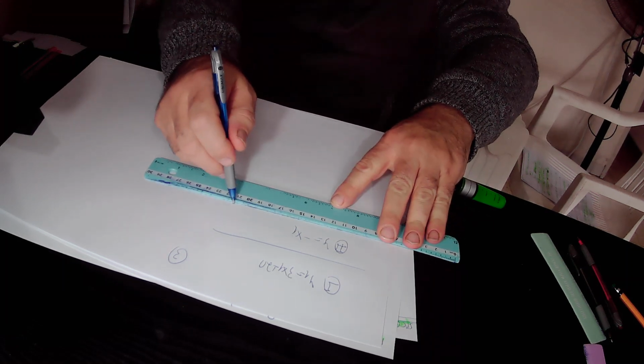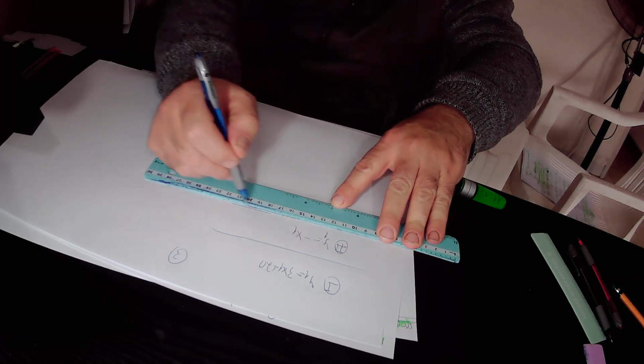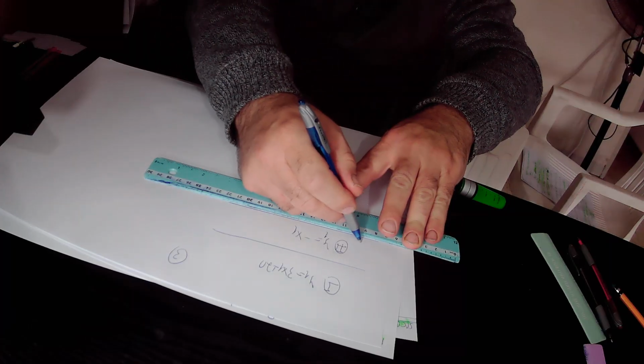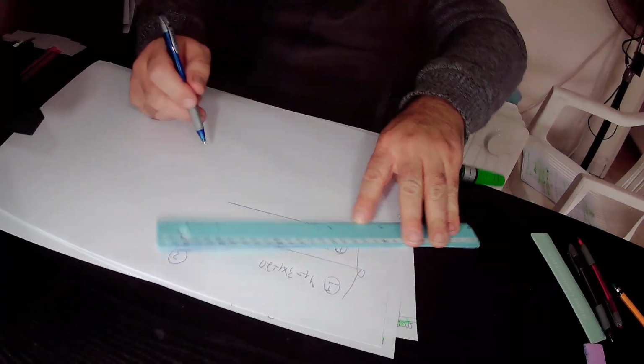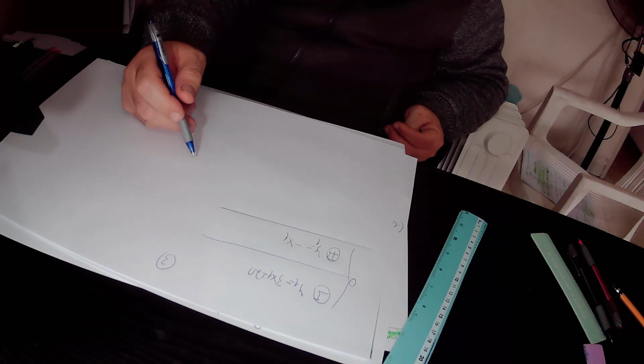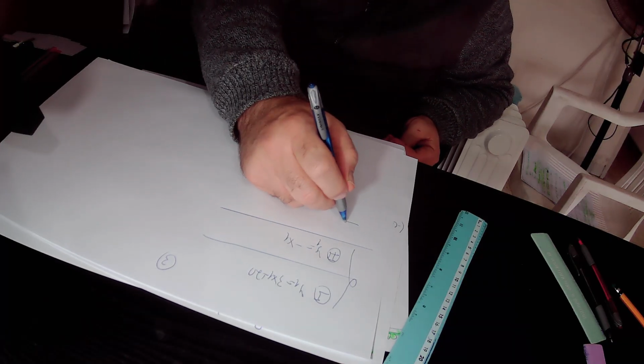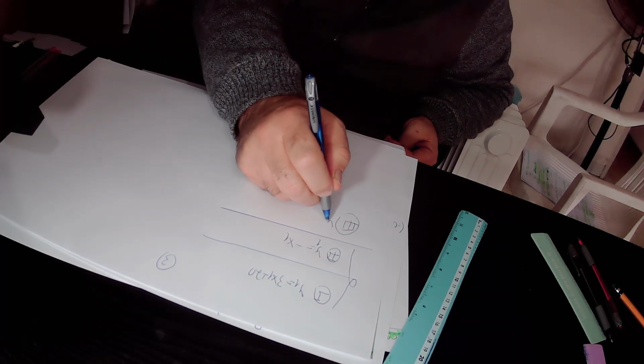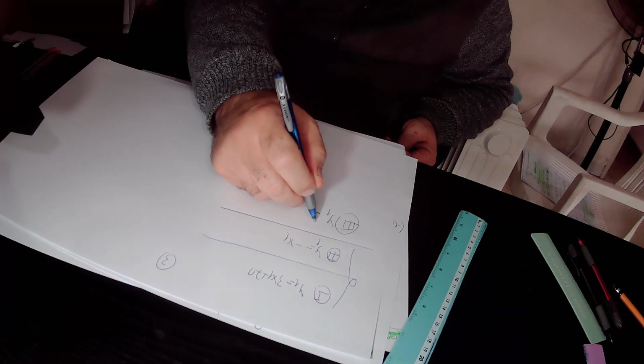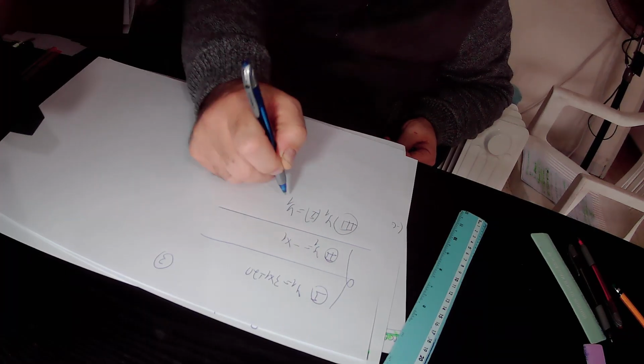So here we have two equations for the value of y1. So in the next step we get equation 3 that says that y1 according to equation 1 must be equal to y1 according to equation 2.